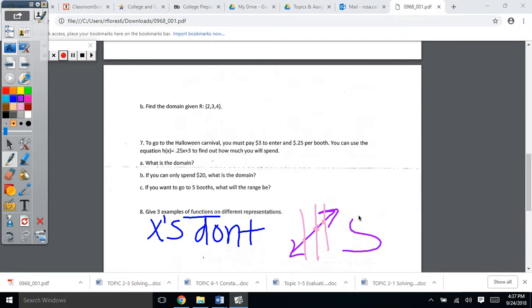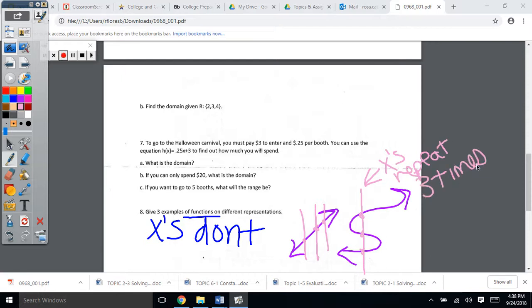This is not a function because if I do my vertical line test, I'm going to touch it 1, 2, 3, which means that the x's repeat 3 times. Okay. Alright, that's it for domain and range review.